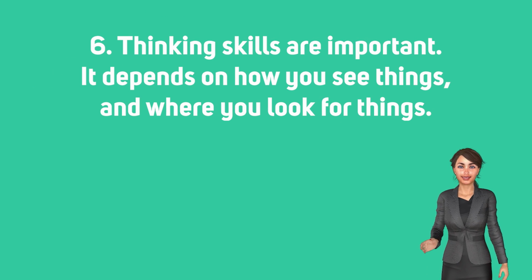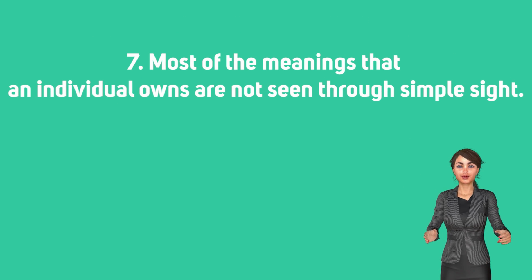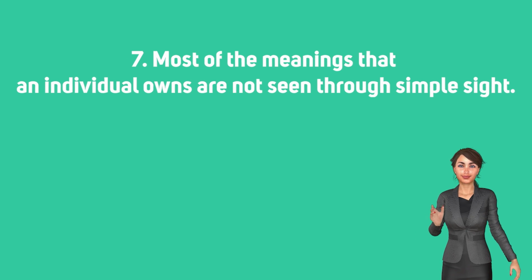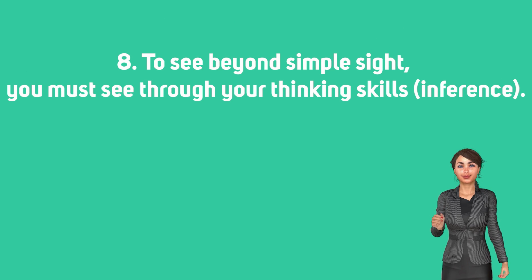Thinking skills are important. It depends on how you see things and where you look for things. 7. Most of the meanings that an individual owns are not seen through simple sight.